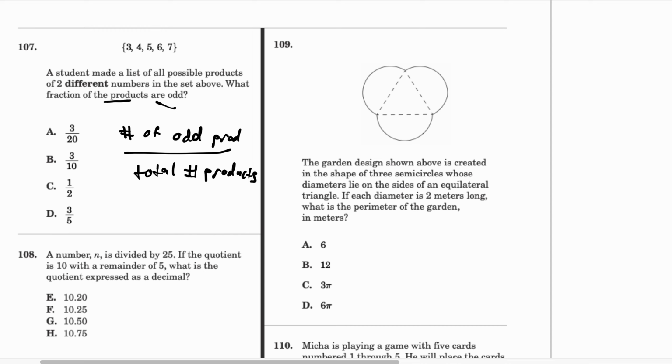Okay, so to get the odd products, we need to remember certain rules of multiplication. An even number times an even number is going to be even. If we have one even number and an odd number, that's still going to be even.